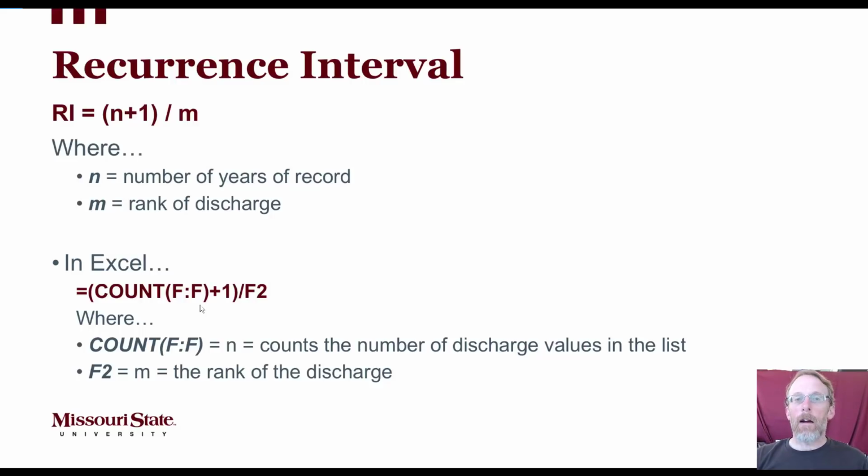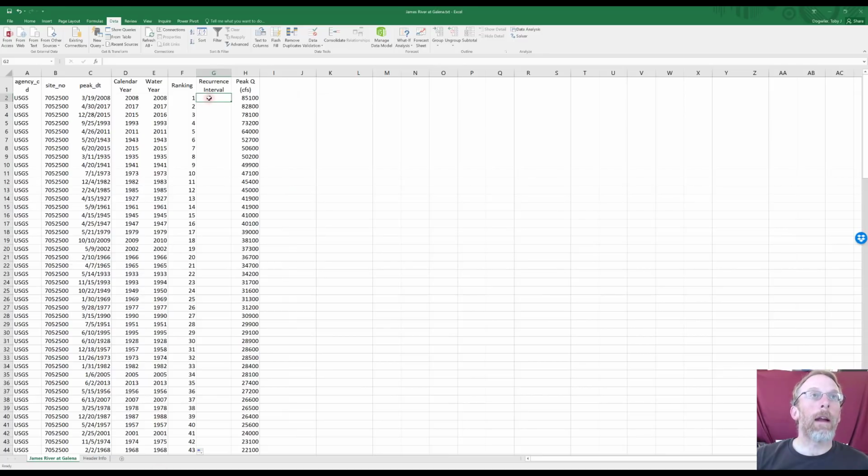So this counts, and even if the data set runs from 1900 to 1999, because some years are missing, the actual n may be less than 100 in that case. If we were missing 10 years, it would automatically determine that there were only 90 years' worth of data. All right, so we can come back to Excel and put that recurrence interval formula in.